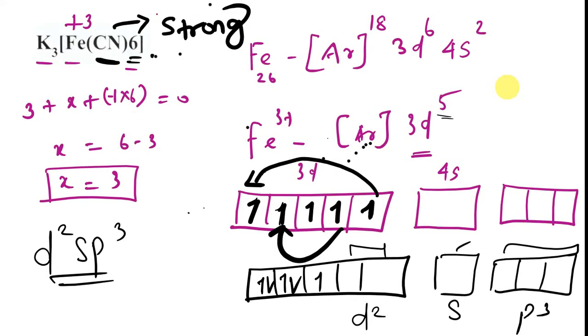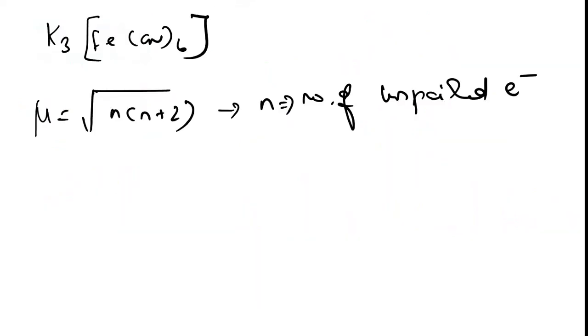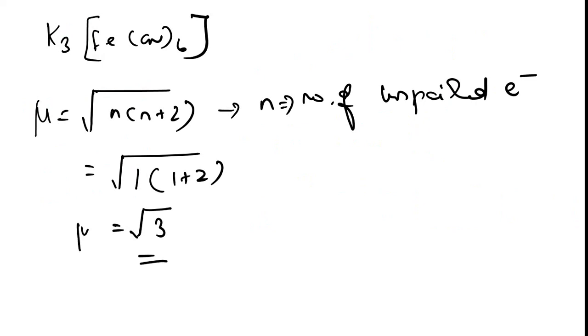Look here, how many unpaired electrons are here? 1 unpaired electron. So that is equal to root of 1 into 1 plus 2, that is equal to root of 3. So this is the magnetic moment.